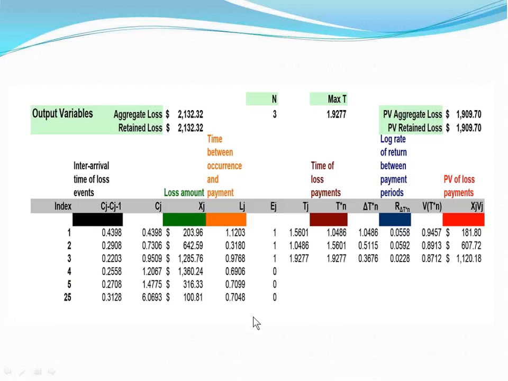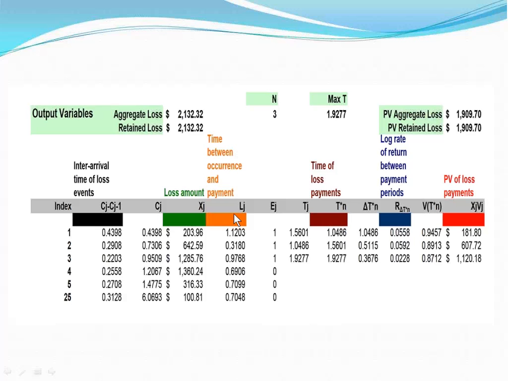And this is what our spreadsheet would look like. We have here our inter-arrival time for loss events. And here would be the timing of the event, the loss amount, and the time between occurrence and payment.